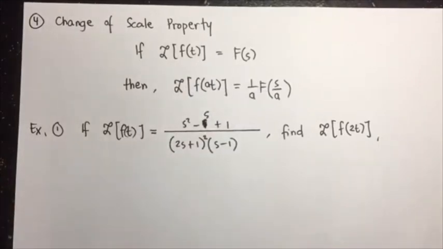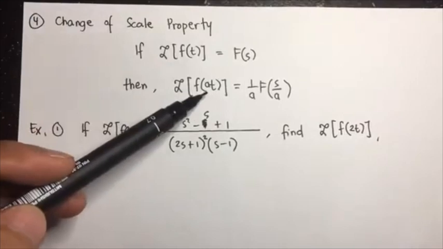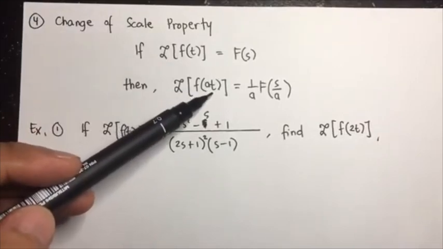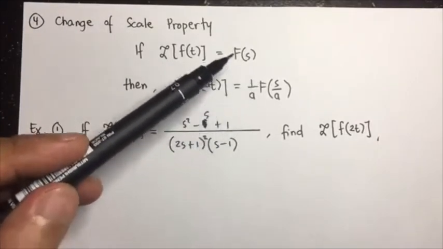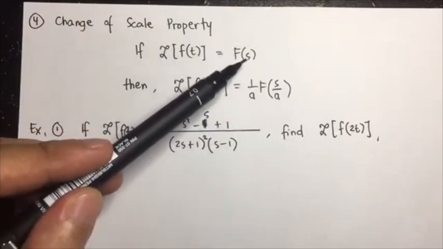So if we have a scale of a multiplied to t, all we need to do is multiply the Laplace transform by 1 over a and then change s to s over a.